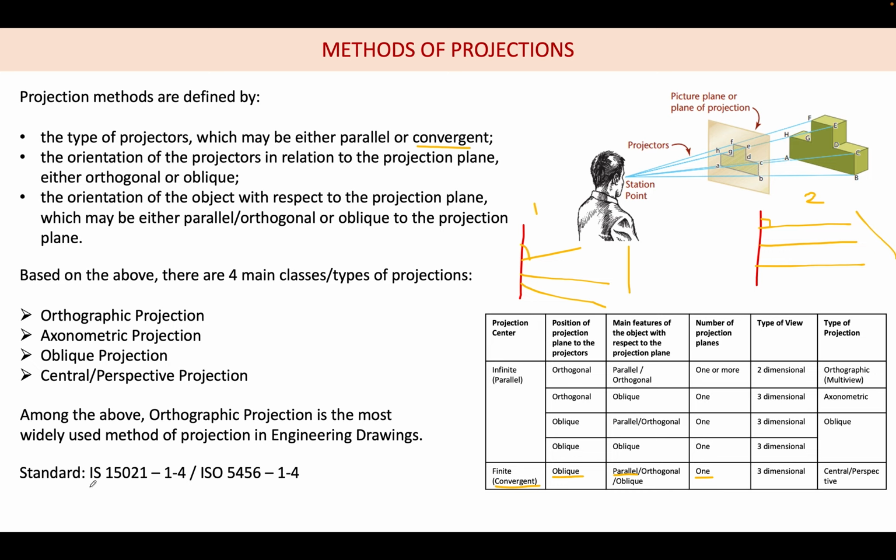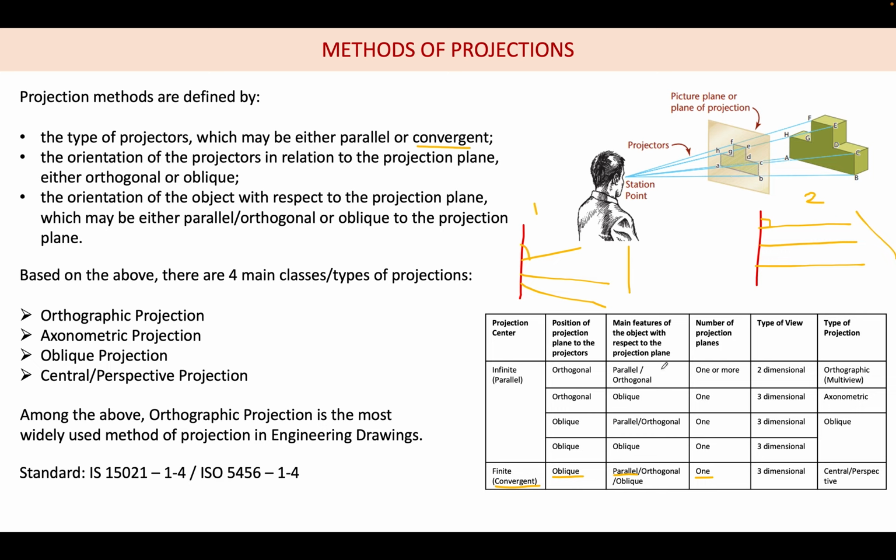These are the standards which deal with the type of projections: IS means Indian Standard, ISO is International Standards Organization. So based on the type of projector, the orientation of the projector with respect to the projection plane, and the orientation of the object with respect to the projection plane, these are three criteria based on which there are totally four classes.